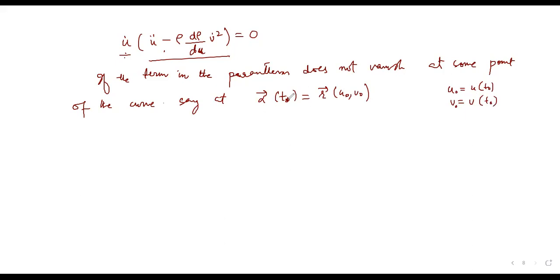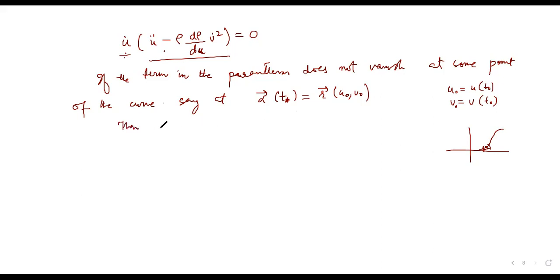Okay, so suppose at some point this does not vanish. Differentiability demands that if something does not vanish at a point, then it should not vanish in a neighborhood of it. If a function is continuous and it is not 0 at some place, we can always find an interval where it does not vanish, right? Because otherwise it would abruptly become 0. So for any continuous function, if it does not vanish at some point, then you can find a small interval such that it does not vanish within that interval.